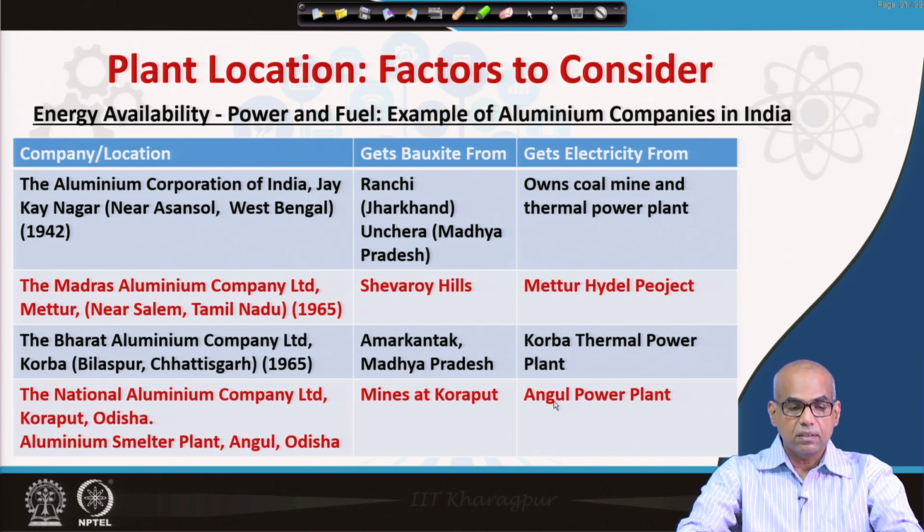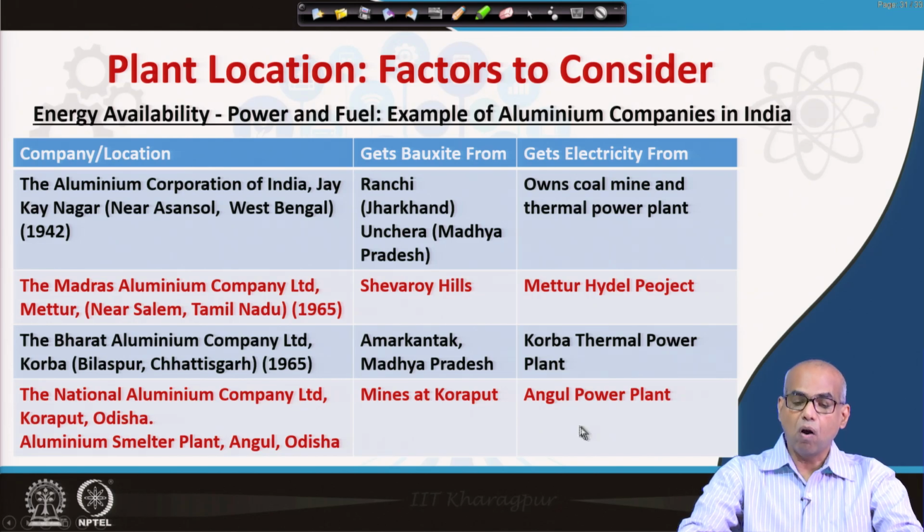These are some of the aluminum companies in India. These companies have either their own thermal power plant or they are located at the site of thermal power plant or hydel project.